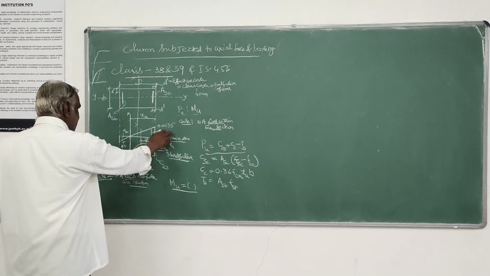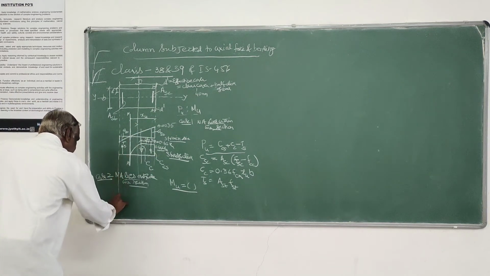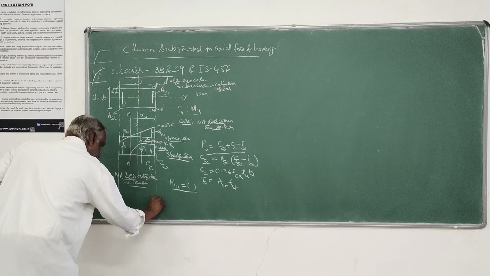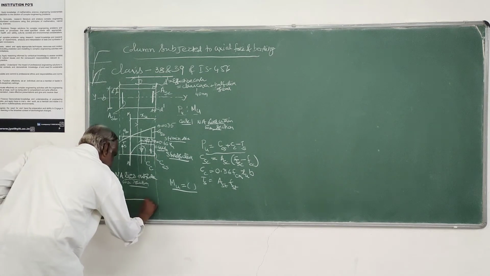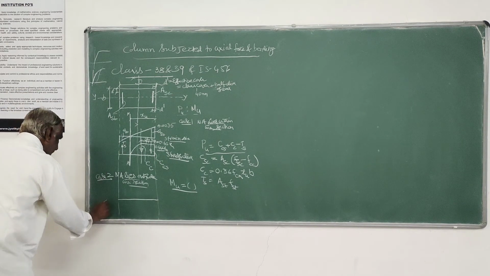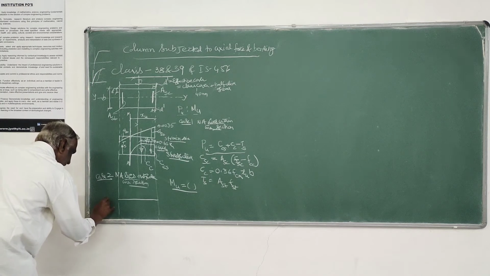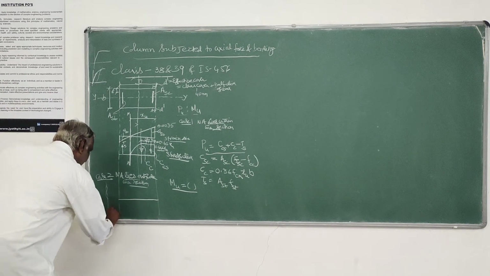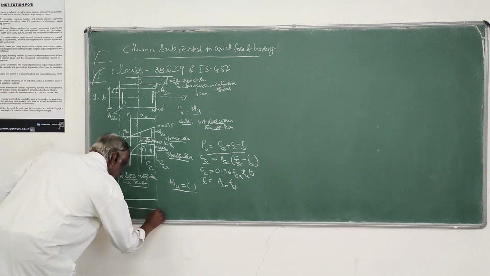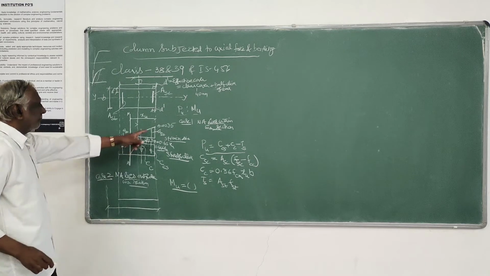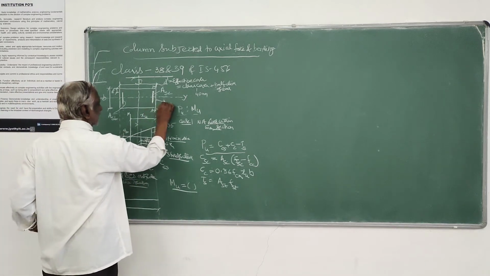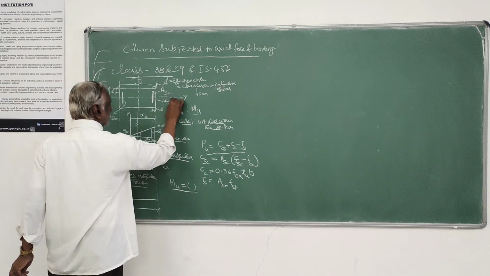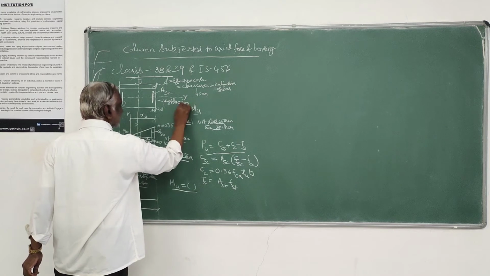When it lies away from this section, I will assume that the neutral axis will be somewhere here, away from that particular section, again at a distance from this highly compressed zone. This we call the highly compressed edge.